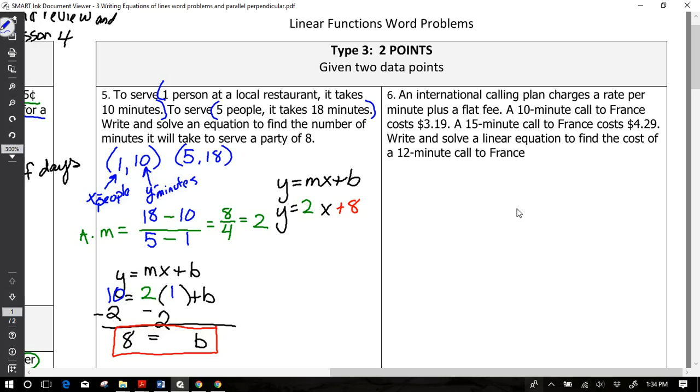So I've done the first part. I've written an equation. Now I need to use it to find the number of minutes it would take to serve a party of 8. So where does the 8 go in? We took these notes earlier to help us. X is people. So the 8 is going to go in right here. So I'm going to bring everything down.